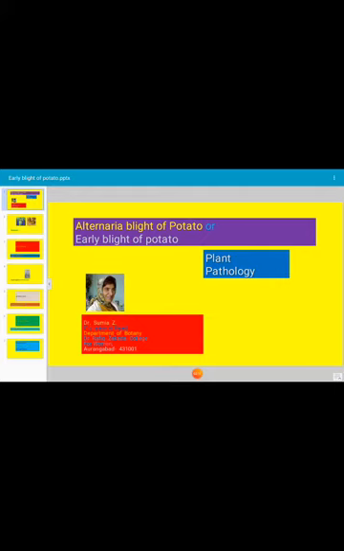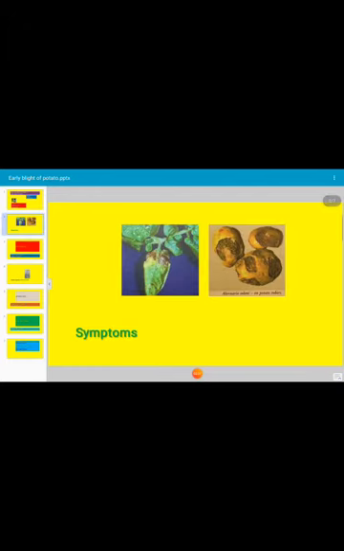Initially, small spots develop, and these spots gradually increase in size, and the affected leaves fall off. Defoliation occurs. Let us see the symptoms of the disease.